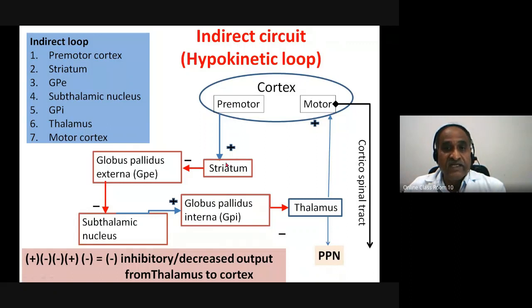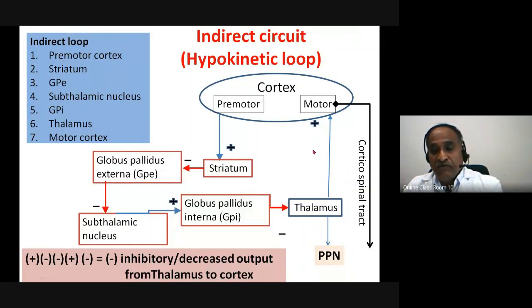If you are looking at the circuitry here, it is plus, minus, minus, plus, minus, plus, minus, minus, plus, minus. And the product of all these things would be minus, thus the output going from thalamus is inhibitory or hypokinetic.